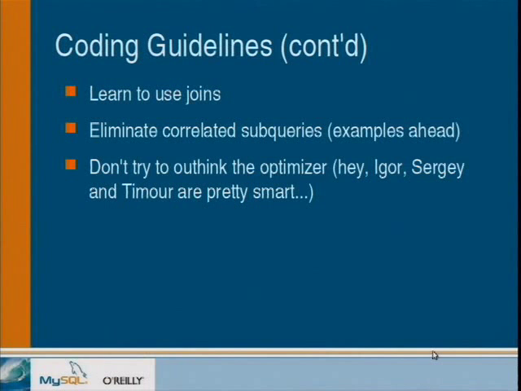Oh, don't try and outthink the optimizer team. Timur's pretty smart. You'll meet him in a little bit, but he's really smart. You can give the MySQL server a join hint using something like straight join. But the problem is that while you may get some performance benefit if the optimizer currently can't figure out the right path, and I've only seen this in 1 or 2 instances, in 2 months your data set changes, and the optimizer that you've overridden with your straight join hint may now have the suboptimal plan, and you forgot that you put straight join in there.